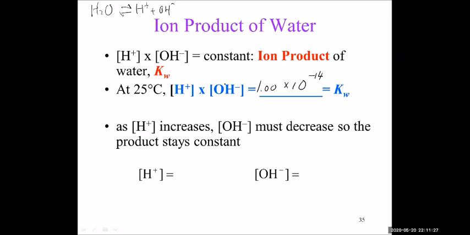If one increases, the other will decrease to maintain the product of these two at the same value. If one decreases, the other will increase. These two multiplied give us a constant. For example, if the proton concentration increases, then the hydroxide will decrease, and vice versa.